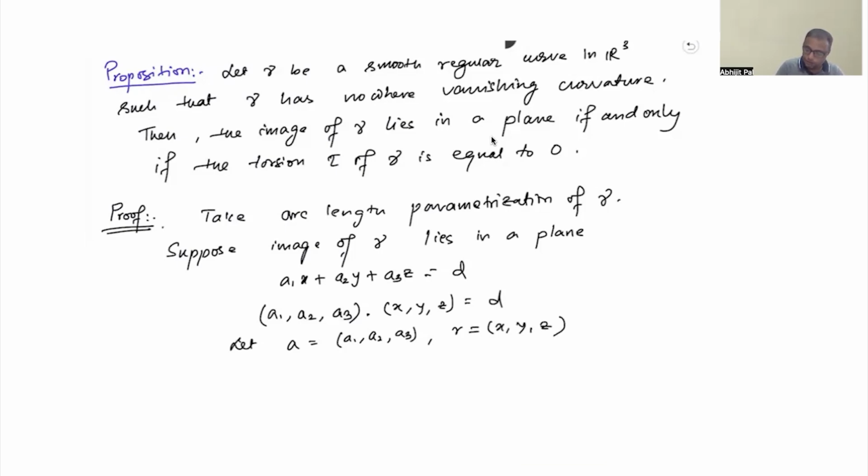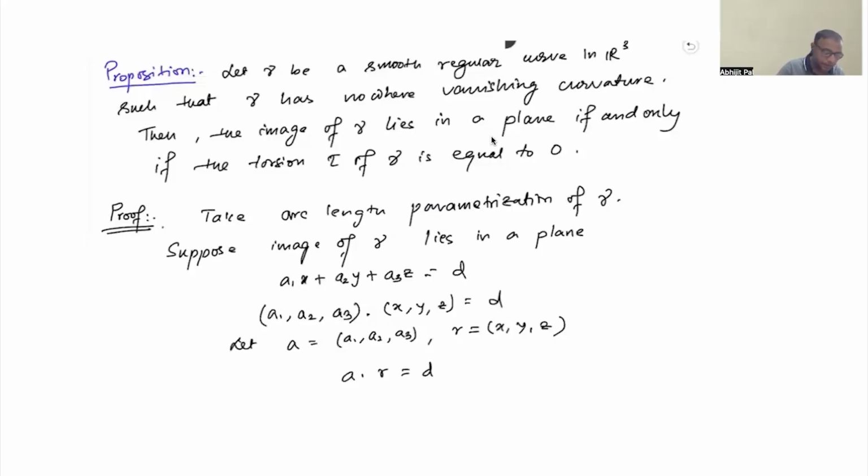Therefore this plane is nothing but a dot r is equal to d. Since x, y, z are variables, the vector r is also a variable.